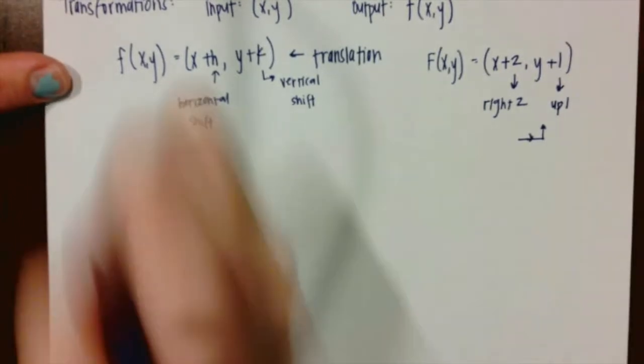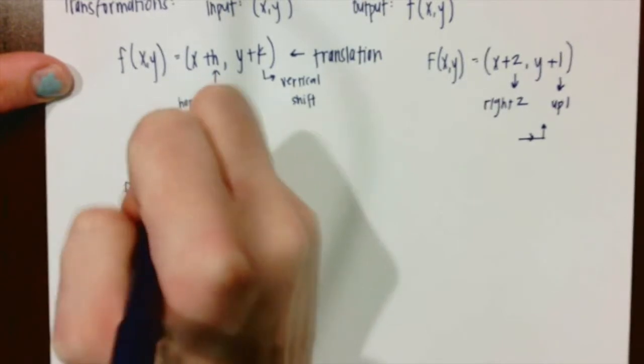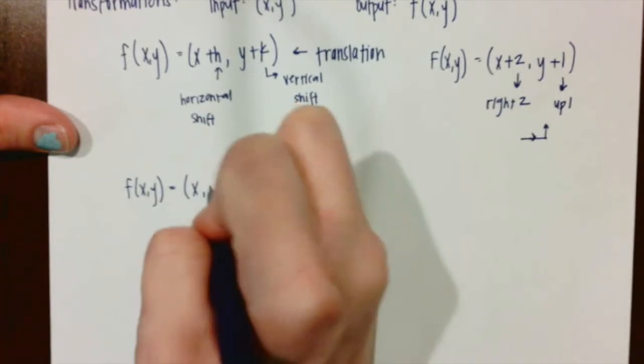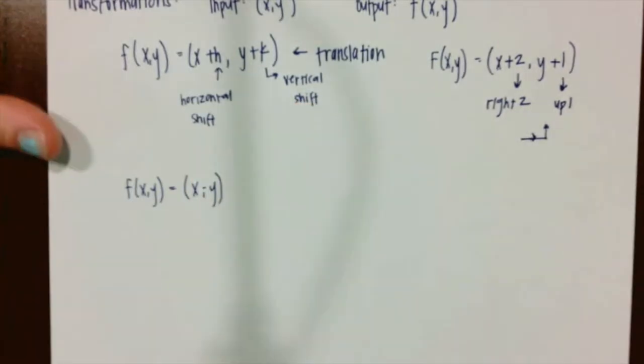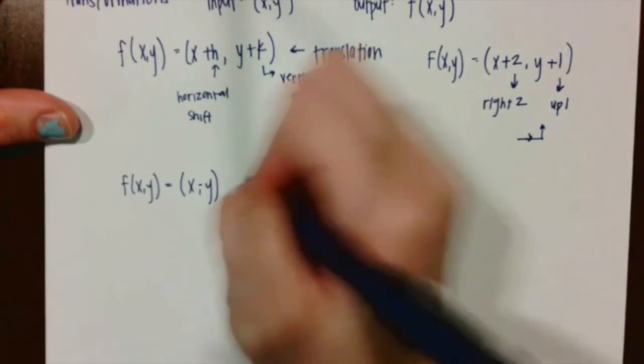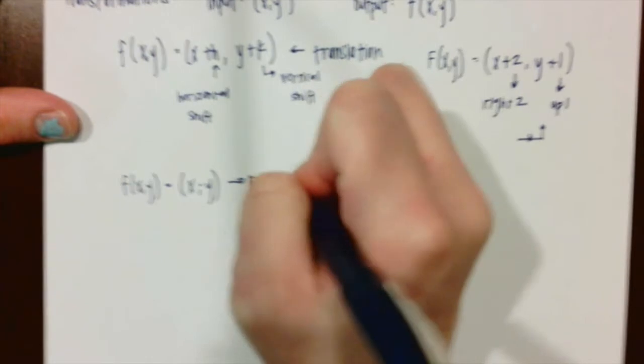Another type of transformation we could have would be a transformation that goes x and then negative y. This type of transformation is a reflection.